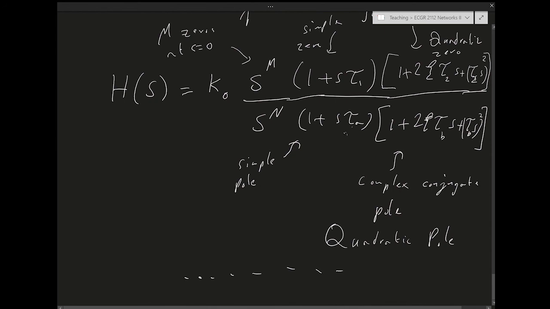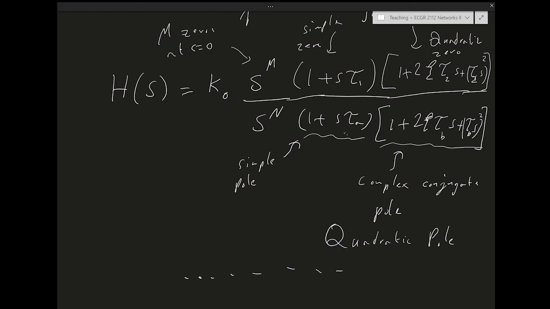We've expressed all the zeros and poles at the origin. We could have multiple of those simple poles and zeros, and we could have multiple of those complex conjugate poles and zeros. If we know how to do a Bode plot for any of those single expressions, we can do that easily.